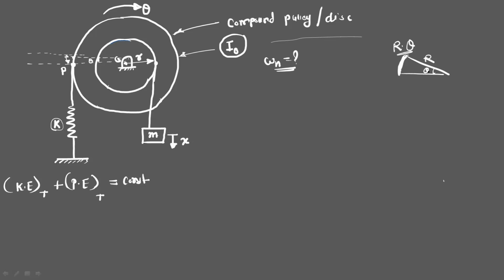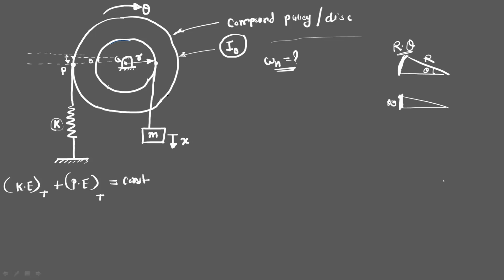And if theta is very small, then you can observe this curvature will appear as a straight line. We can use the same formula R theta in order to calculate this, but it will be a straight line. So this is the R theta.